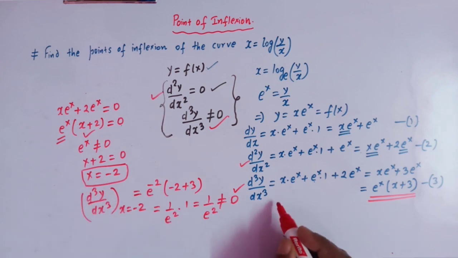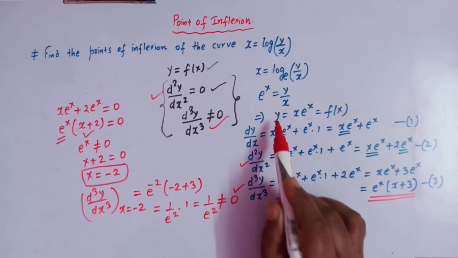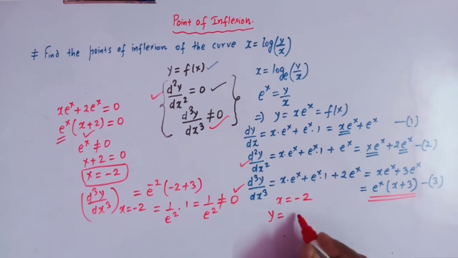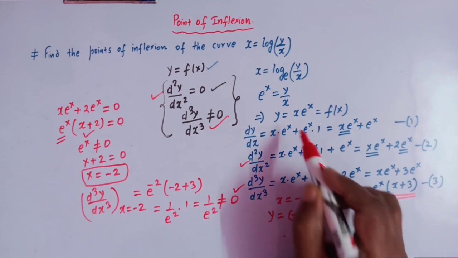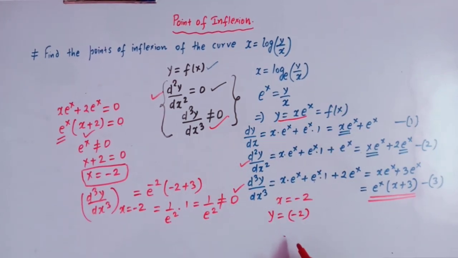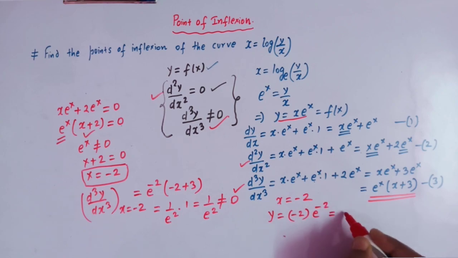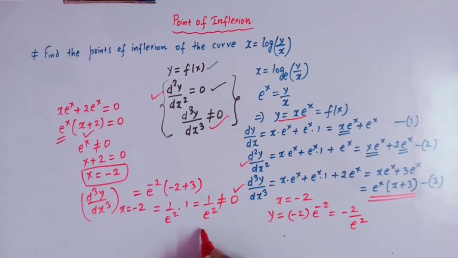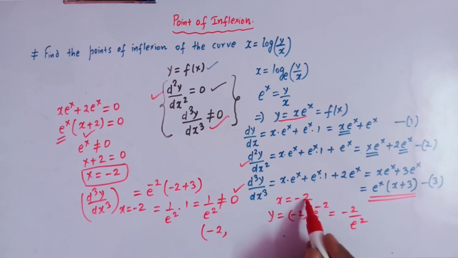So for x is equal to minus 2, let us find out the value of y. Here we'll take x is equal to minus 2, so y is minus 2 times e raised to minus 2. So this is minus 2 over e square, right? So the coordinates of the point of inflection are given by minus 2, because x is minus 2, and y is minus 2 over e square.